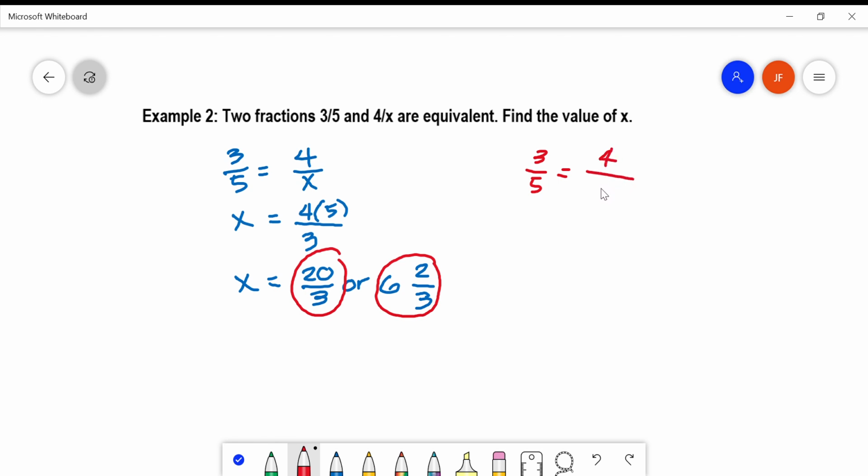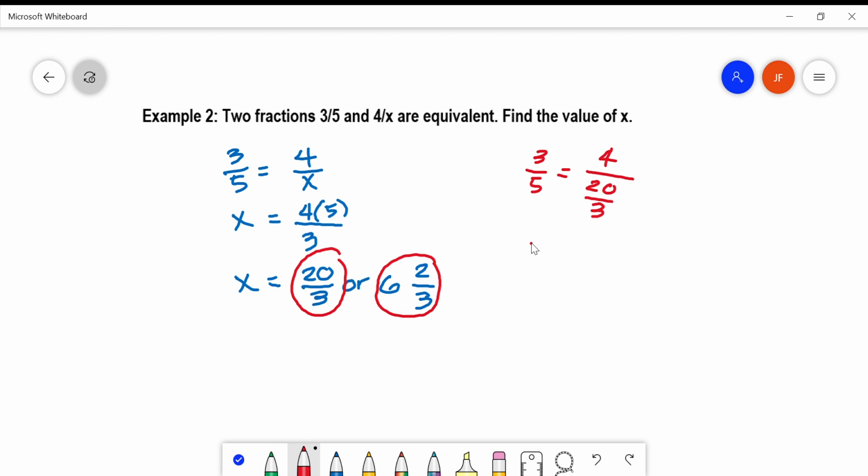Instead of writing x here, we are going to use this improper fraction instead of this mixed form, because the improper fraction is much easier and more direct in substituting into the original equation. So we have here 20 over 3 as the value of x we have found.